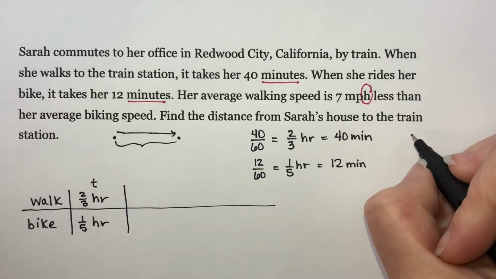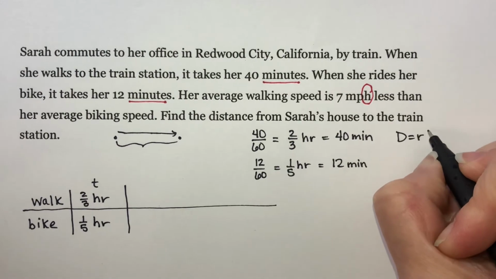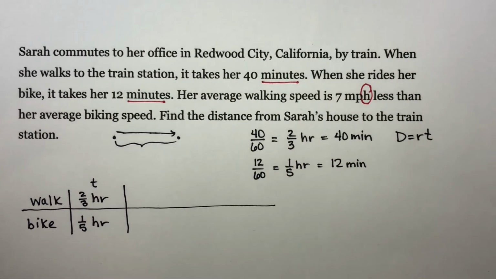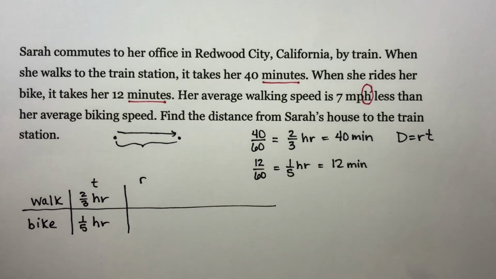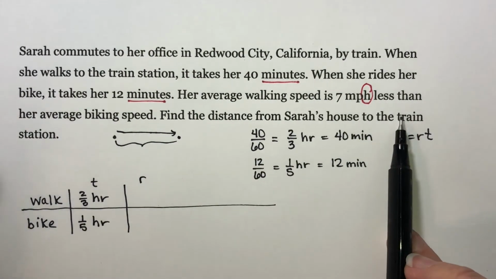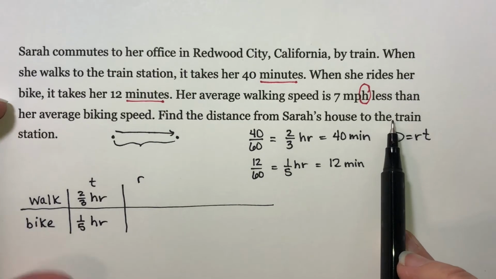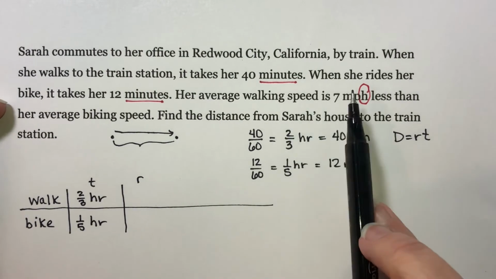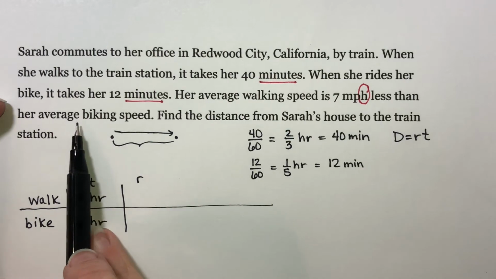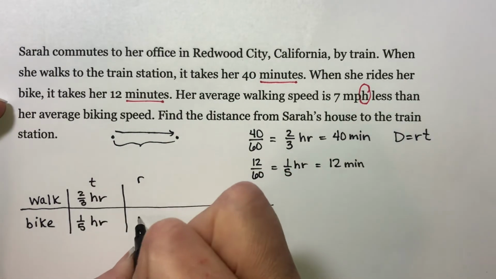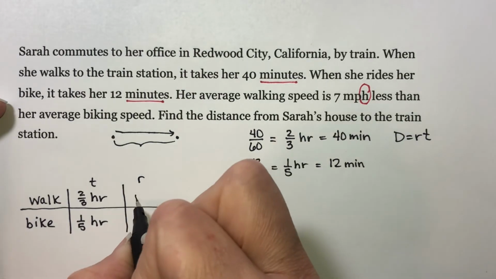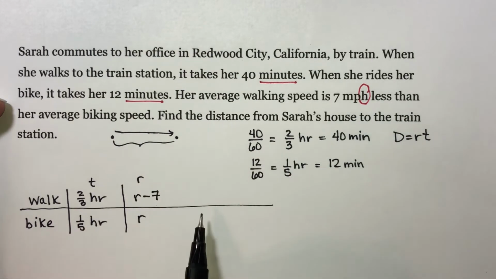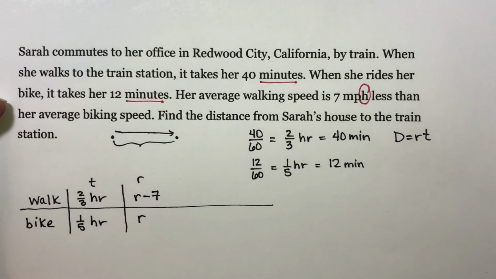Okay, I am using D equals RT still. Now for her rate, we don't really know how fast she's going in either case, but we know that her walking speed is 7 less than her biking speed. So if her rate when she's biking is R, then she is R minus 7, 7 slower when she's walking.